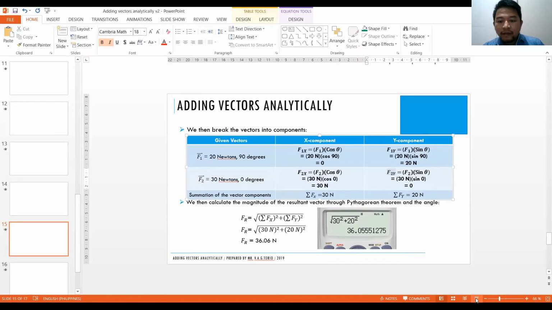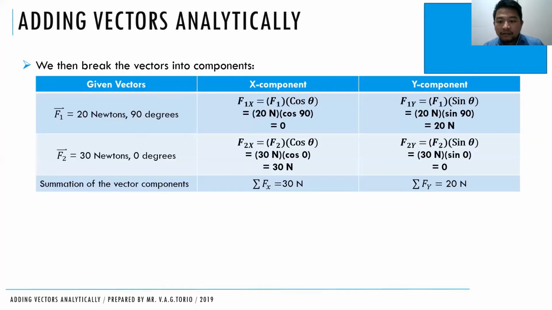There. We substitute the magnitude of F sub 2, which is 30 newtons, and multiply that with the sine of the angle theta. Sine 0 is 0, and 0 times 30 newtons is 0.